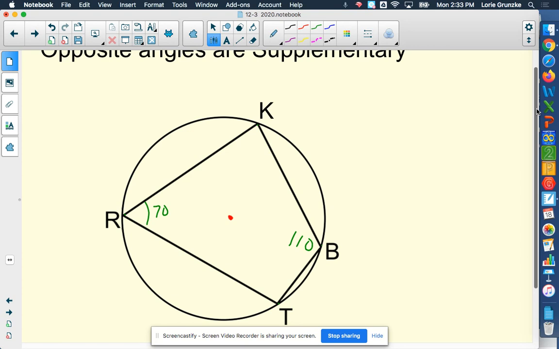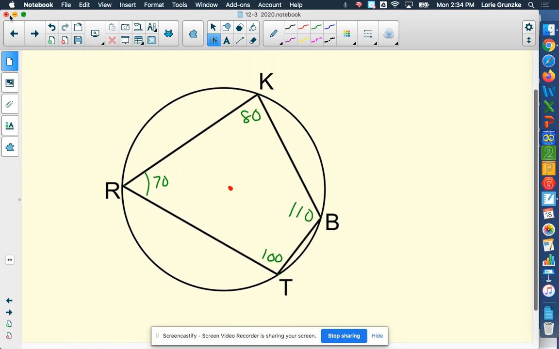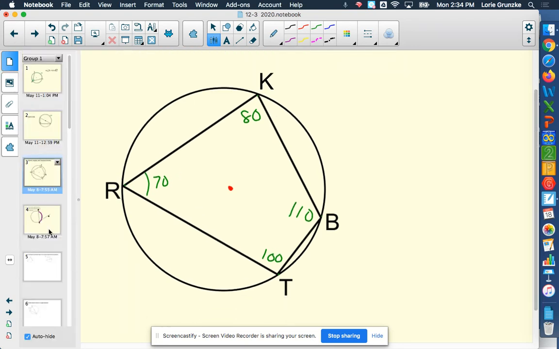I'm not going to even take a guess on the other two, but these K and T would also equal 180. I suppose I could come up with one. Let's say this looks like an 80. Well, then this one down here would have to be a 100-degree angle. Opposite angles of an inscribed quadrilateral are supplementary.